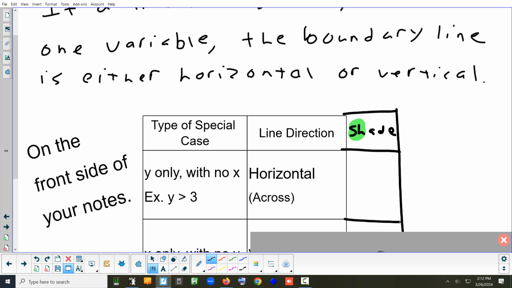With the shading on a horizontal line, it's just like the shading I already showed you. Less than or equal to is below. Greater than or equal to would be above.